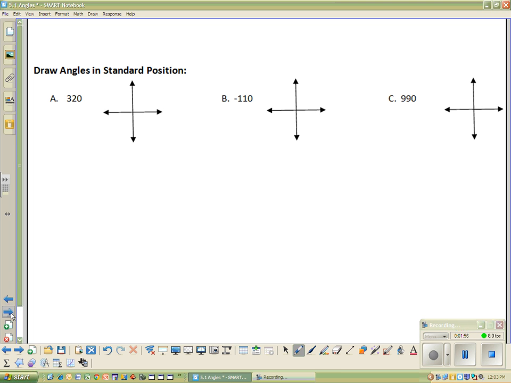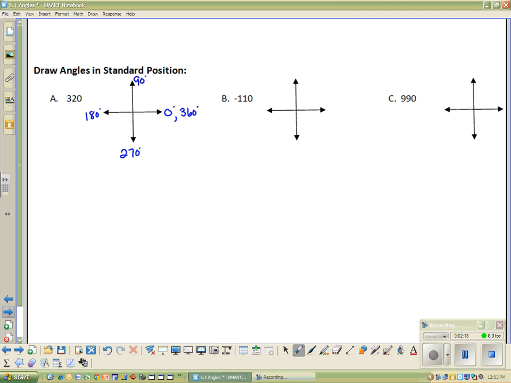320 degrees. Now, not very often have you worked with angles greater than probably 180. Let's just kind of review that. If I'm in standard position, this would be 0 degrees. Up on top would be 90 degrees. Over to the left, 180 degrees, 270 degrees, and then wrapping back around and finishing at 360 degrees.